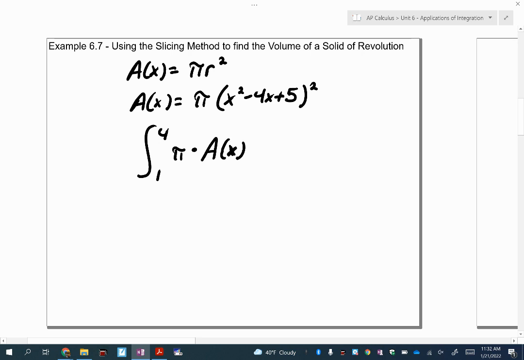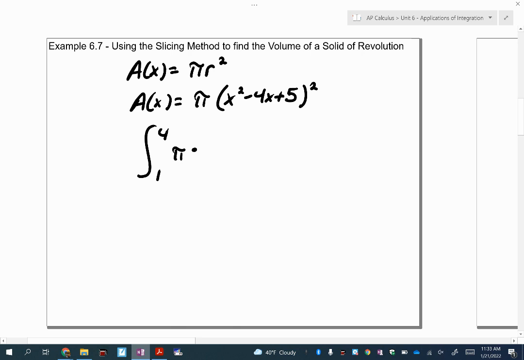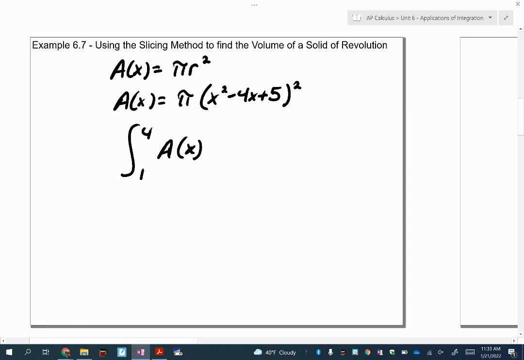So essentially what I'm saying is that I'm going to need to expand x squared minus 4x plus 5 when it's squared. So the integral is going to be the integral from 1 to 4 of our area function, which I know pi is going to be part of.